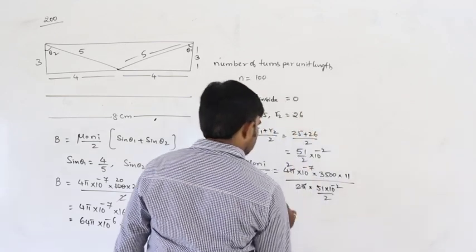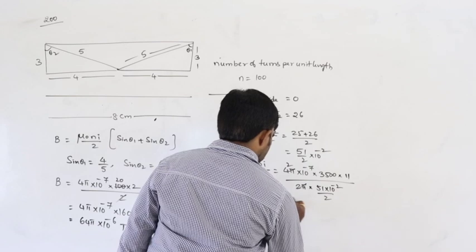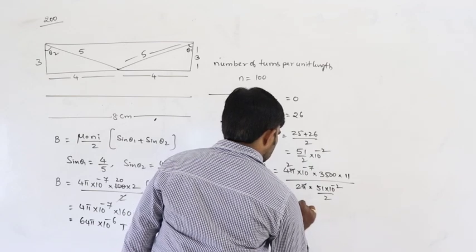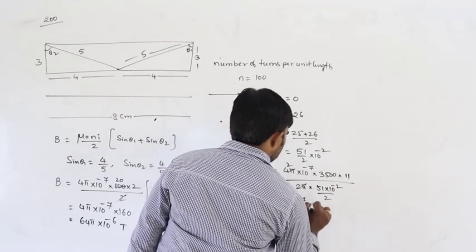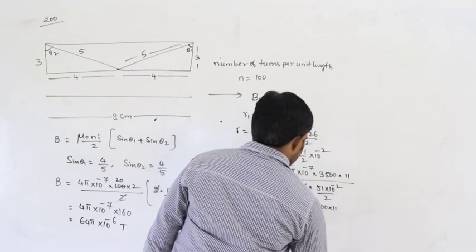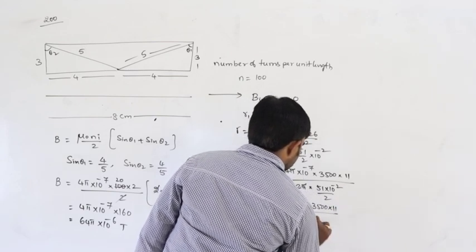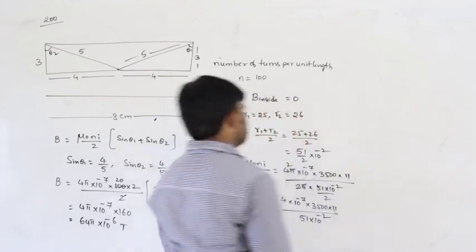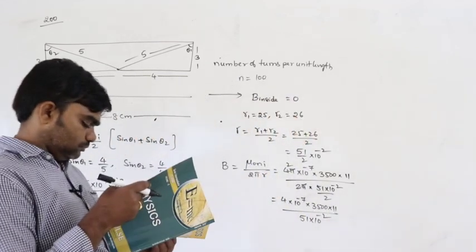So 2 pi, the 2s cancel, and it comes to 4 into 10 to the power of minus 7 into 3500 into 11 by 51 into 10 to the power of minus 2. So that is the situation.